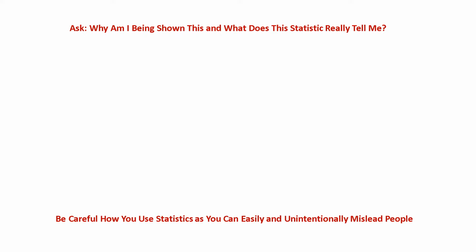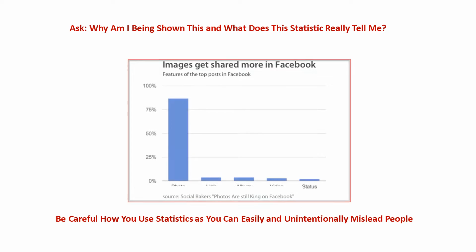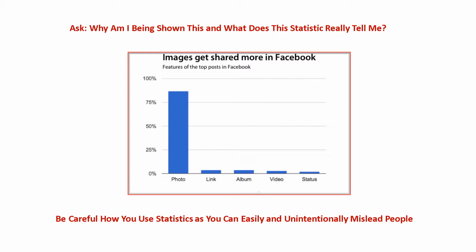Let me give you a real-life example of how both ambiguity and possibly even intent to mislead can creep into the creation of statistics, which I often find being represented in such places as presentations, infograms, videos, etc. I recently viewed a statistic about the sharing of content on Facebook. The chart title said, "Images get shared more on Facebook."